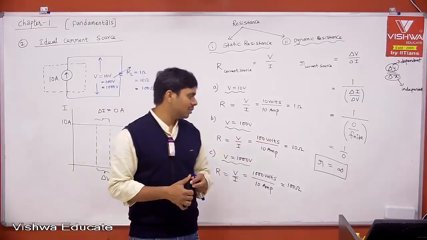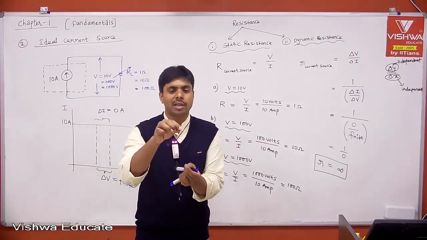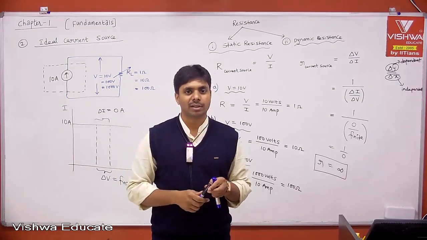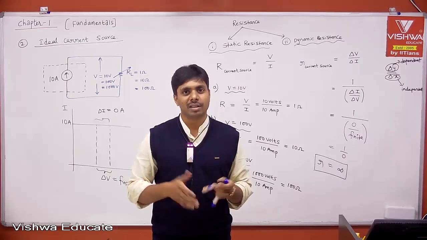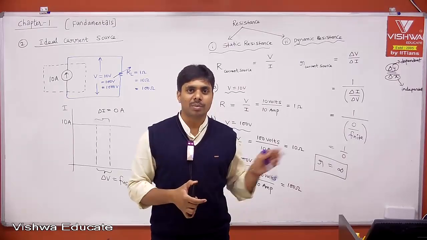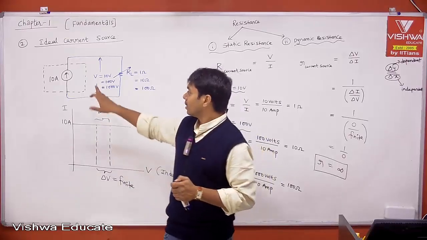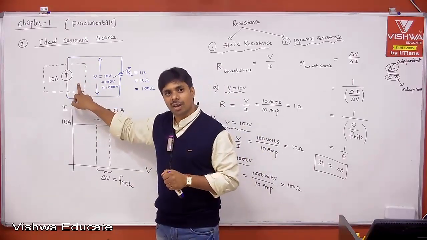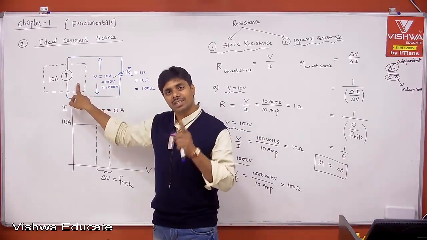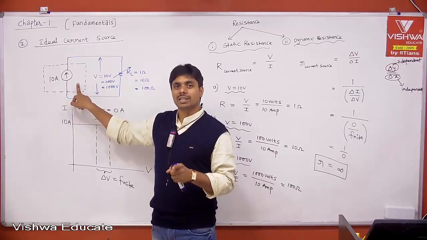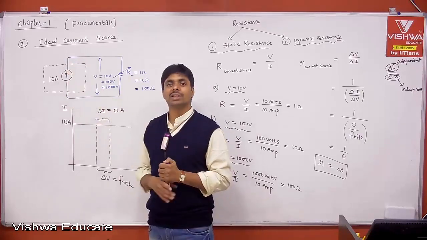If you take a normal resistor, resistance infinity means open circuit, right? But here it is not simply a resistor; it is the internal resistance, equivalent resistance, dynamic resistance, AC resistance, incremental resistance of your current source, and it is infinity.